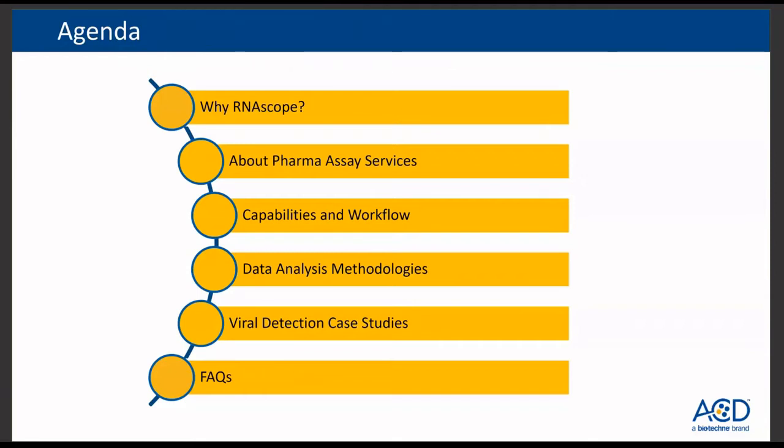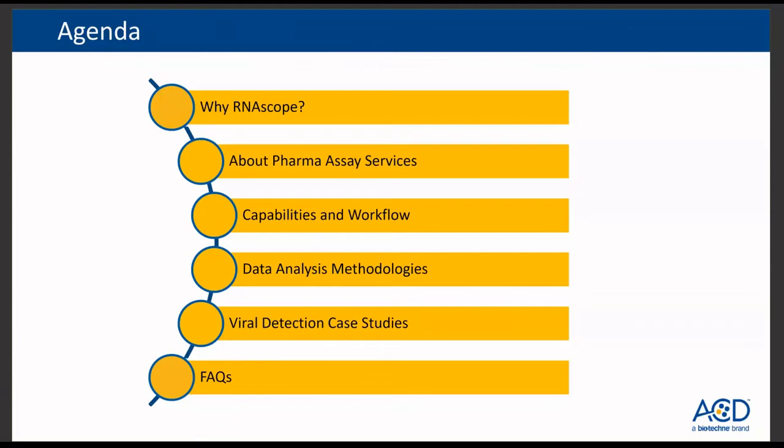Then we'll move on to how ACD's assay service offerings can be leveraged to detect viral infections and pathogenesis and enhance our understanding of globally important viruses such as SARS-CoV-2. Also, we'll be discussing the detection of AAV and LV vector biodistribution and transgene expression in preclinical animal models with in situ hybridization technology as well.